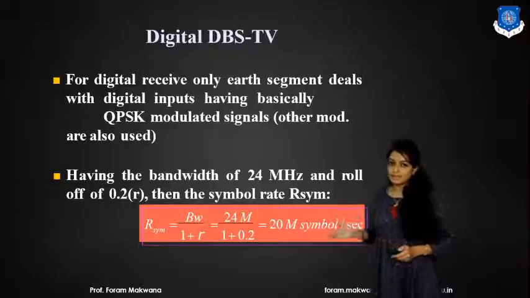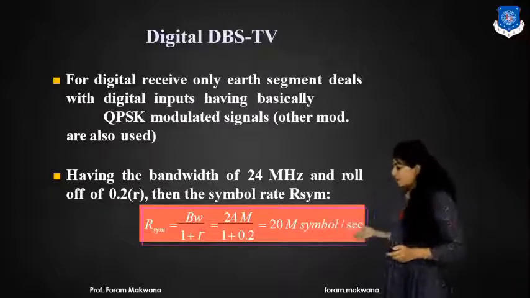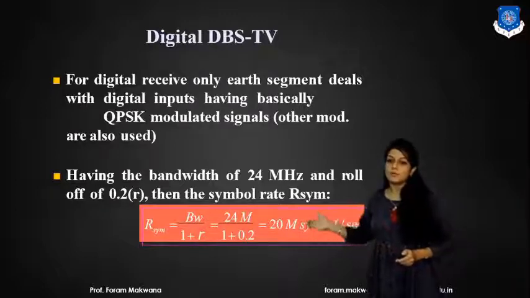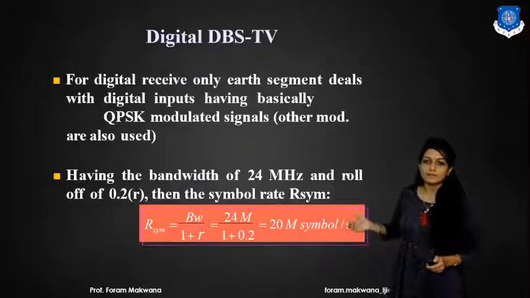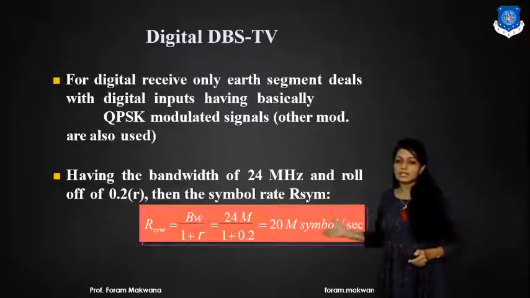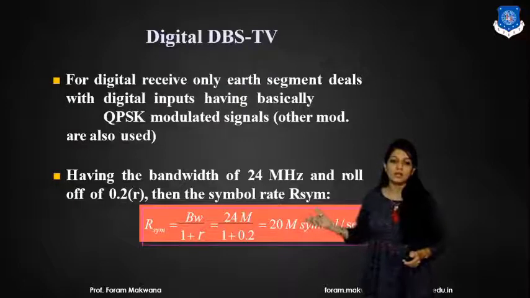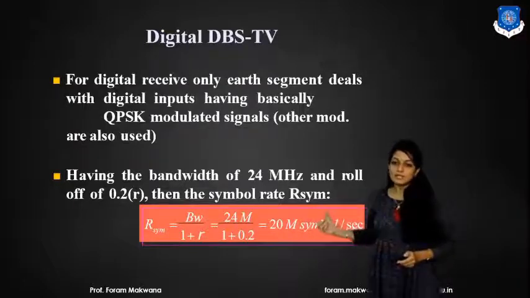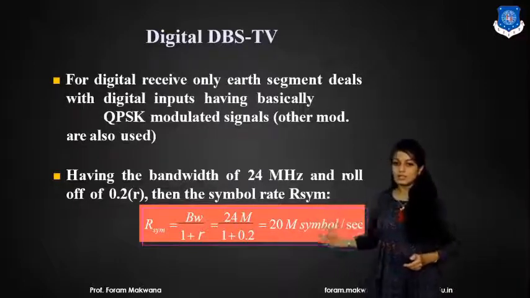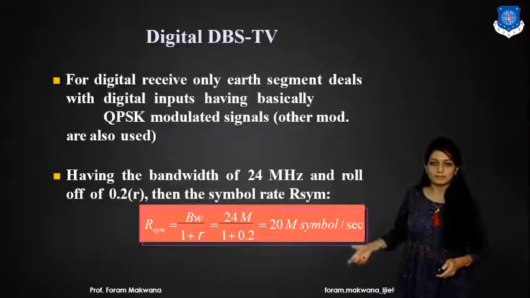This means per second I am able to transmit 20 mega symbols. My signal is in digital form, and it transmits data at 20 mega symbols per second.